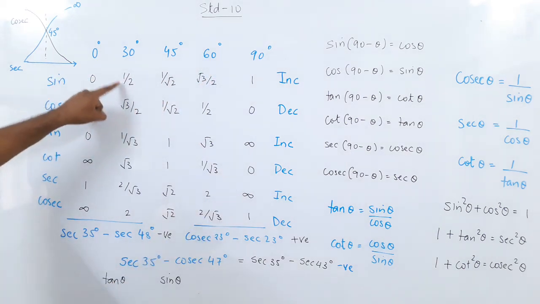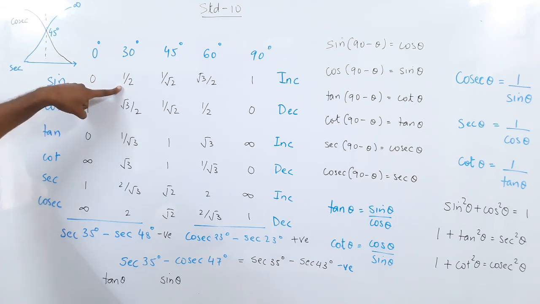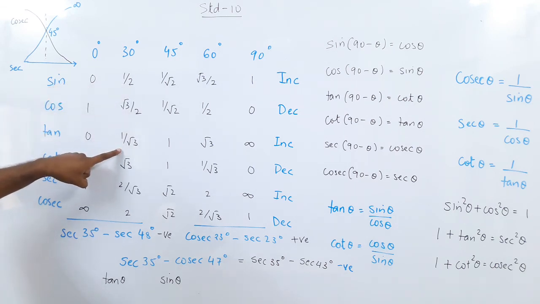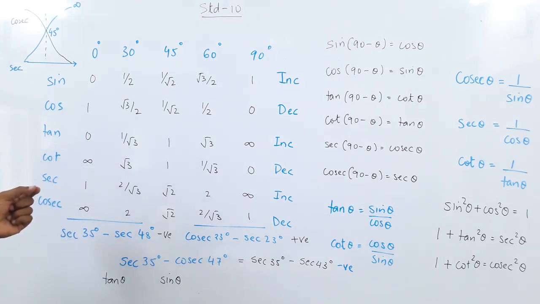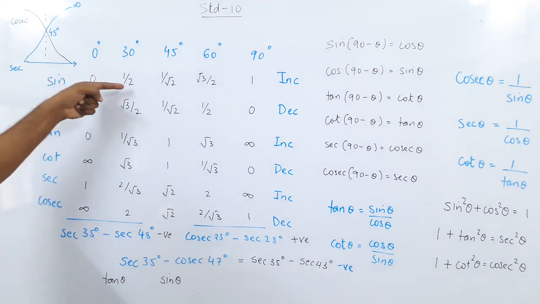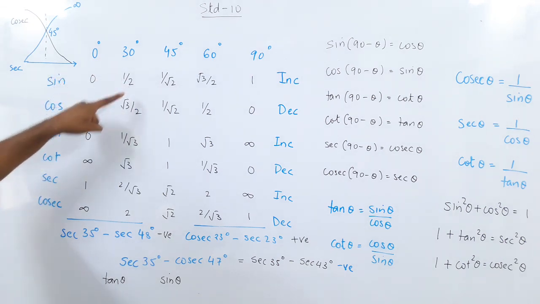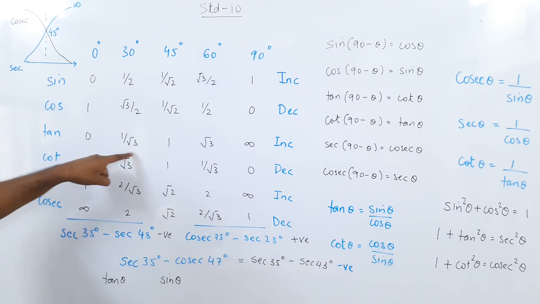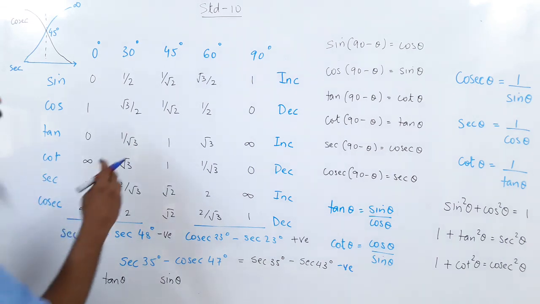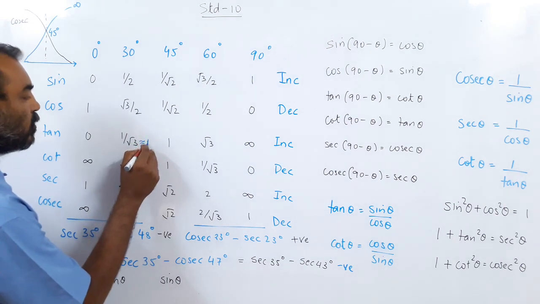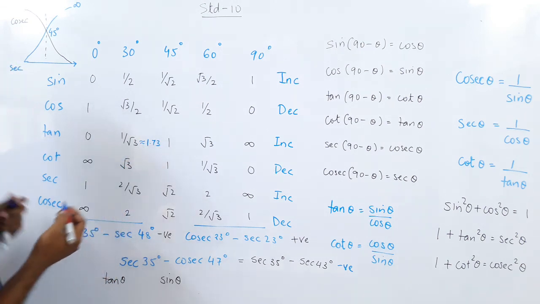So what is 1 upon 2? It is 0.5. What is 1 upon root 3? It is 1 upon 1.7, something. Now you can see this is 1 upon 2 and this is 1 upon root 3. The value of root 3 is almost equal to 1.73.